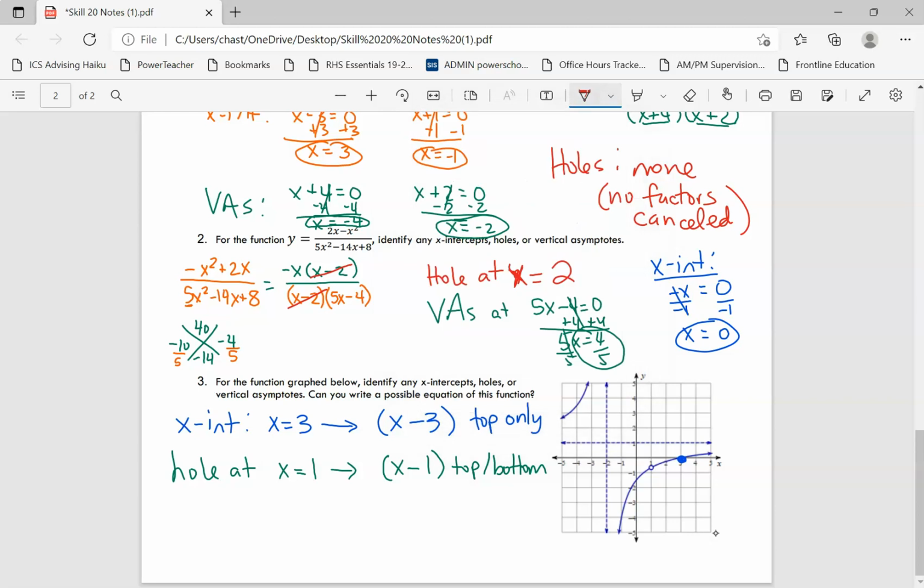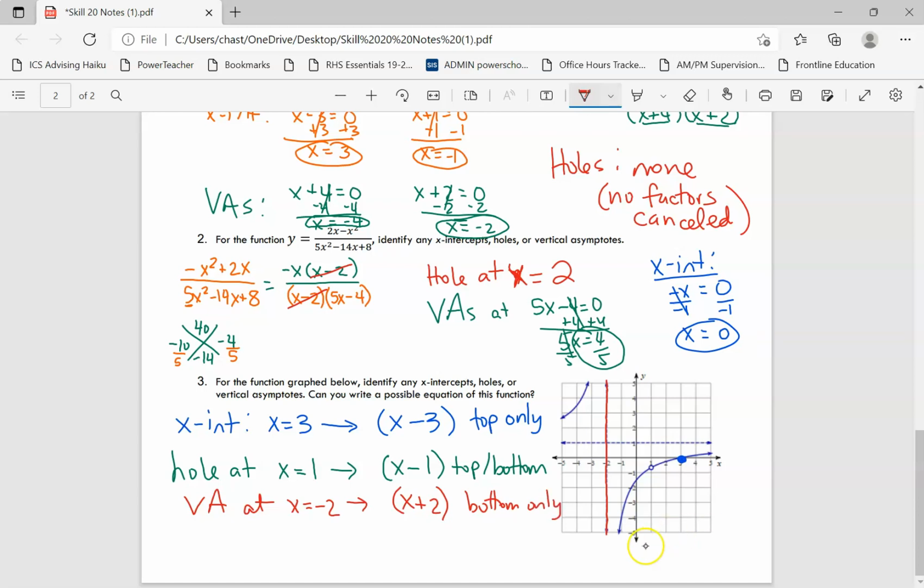Now let's do the vertical asymptote. We can see that there's a vertical asymptote here at x equals negative 2, which implies the factor is x plus 2, and that is on the bottom only.